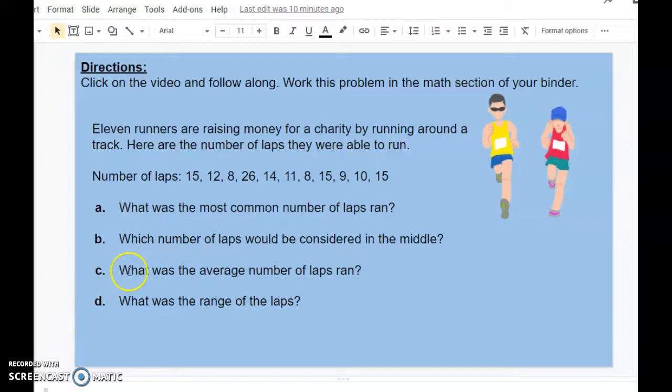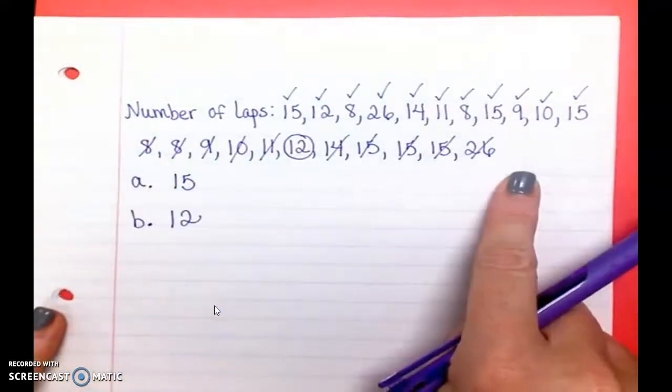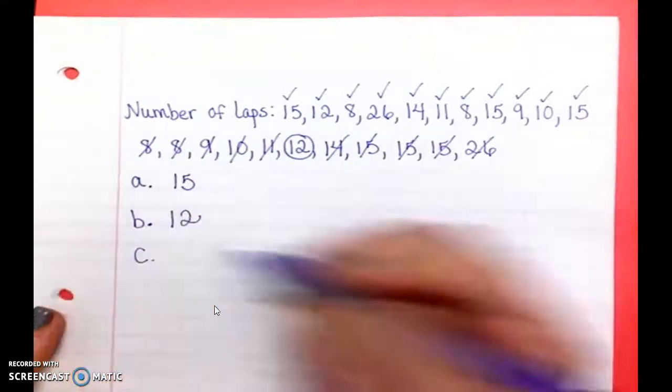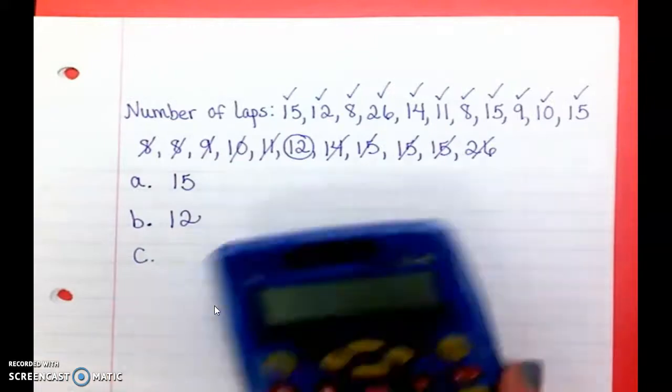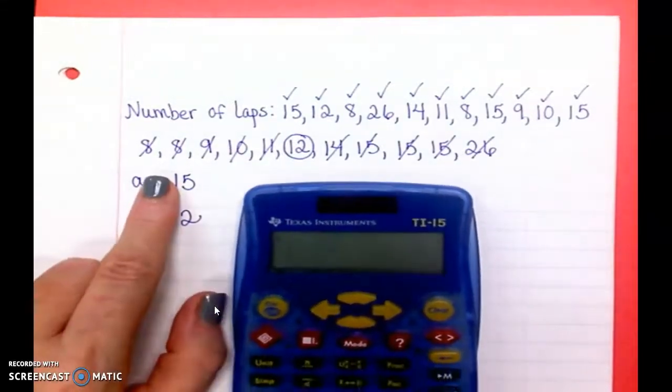All right, C is what was the average number of laps. So anytime we find the average, that means we are going to need to add these numbers up and divide by how many numbers are in our list. Okay, so we can go ahead and grab our calculators and we're going to find the average.